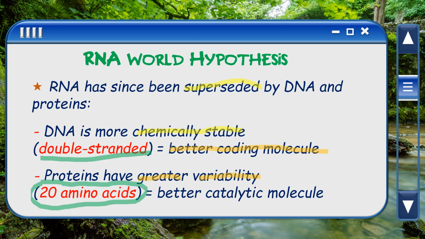And that makes them a better catalytic molecule, because we can form very many enzymes compared to RNA. So that's where RNA is superseded by DNA and the proteins.